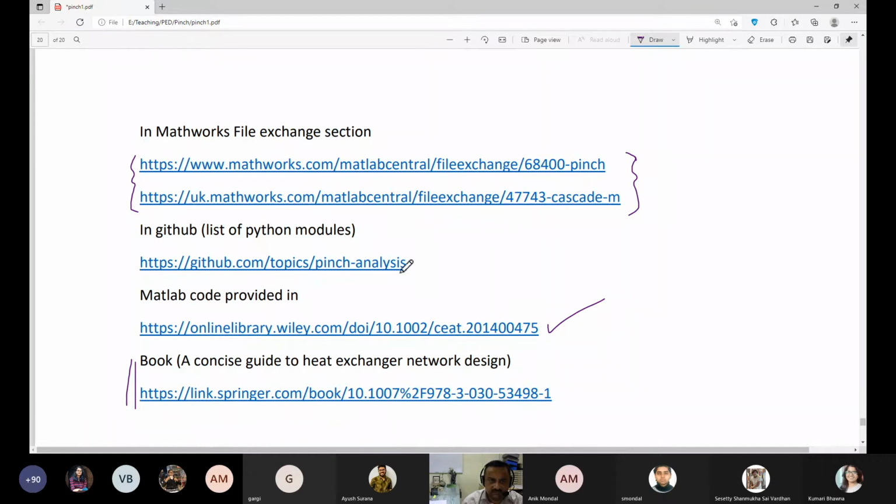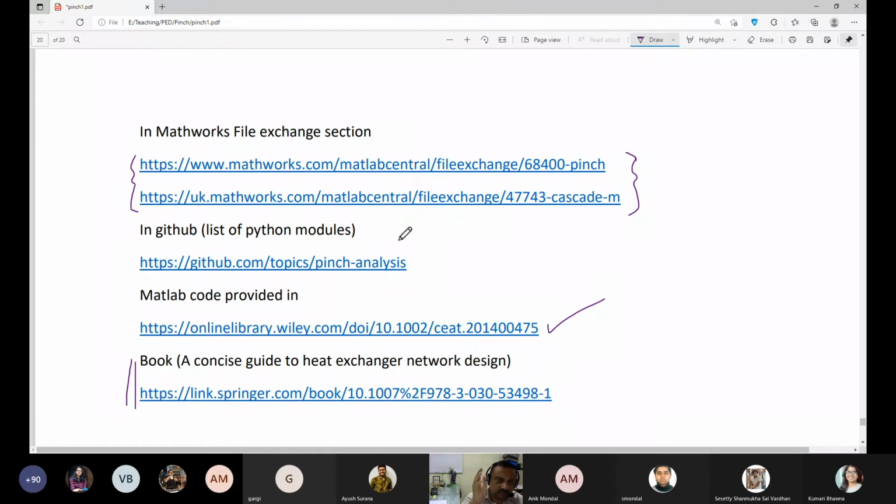Similarly, in GitHub, I see there is a whole list of Python modules on pinch analysis available. It would be your responsibility to find a suitable code to perform the analysis.